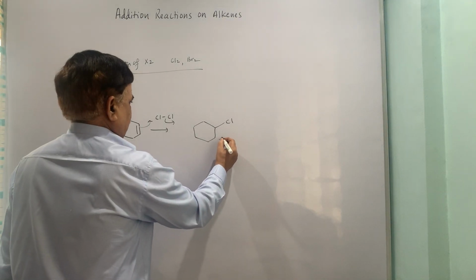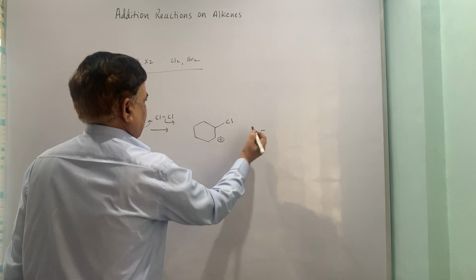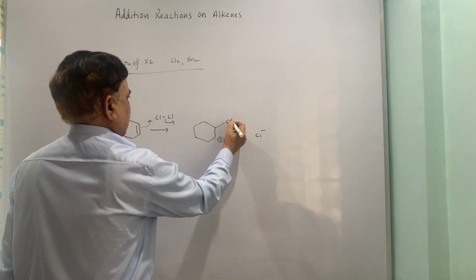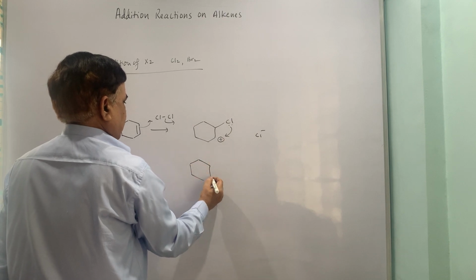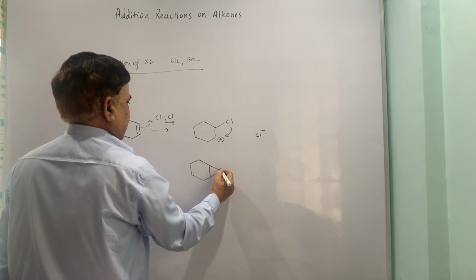This becomes electron deficient. Now as you know that unshared electron pair is there, all halogens carry it.